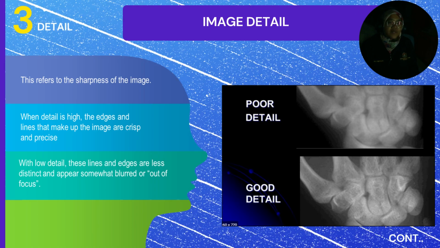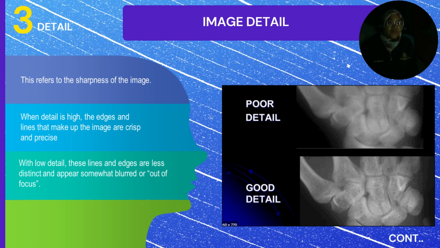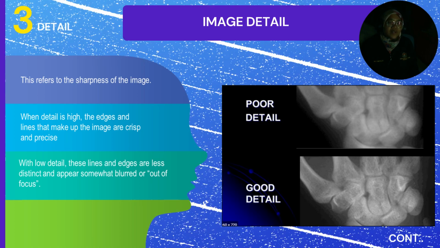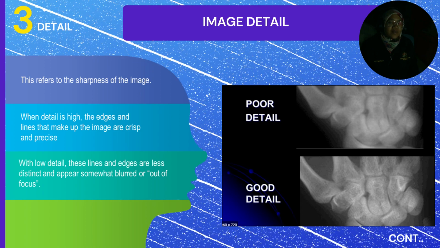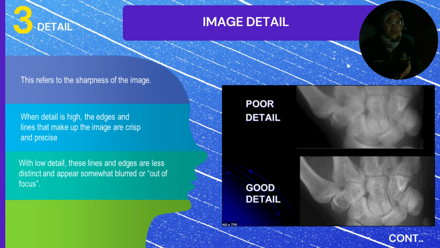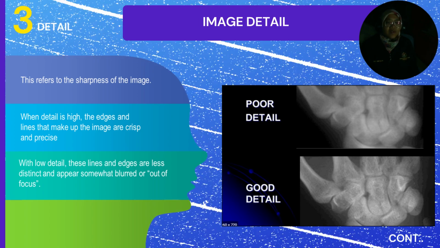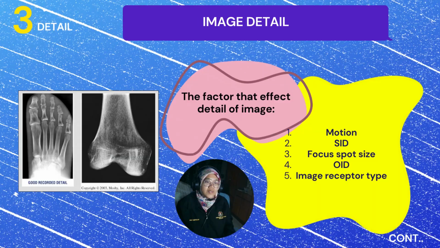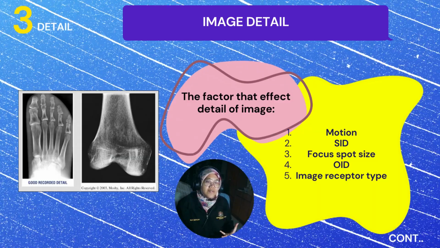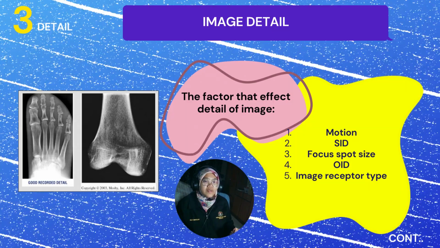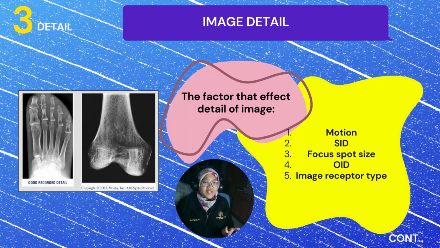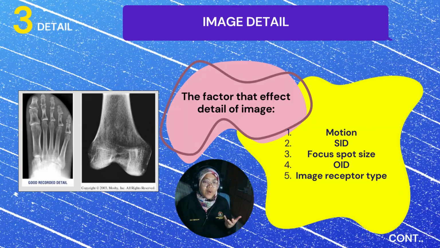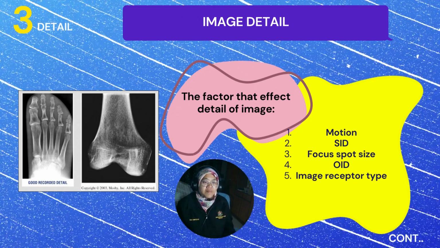In the example of the wrist joint, the first one is poor detail and the second one is good detail, where you can see the trabecular pattern of the small bone. The factors that affect image detail are motion, SID, focal spot size, OID, and image receptor type.